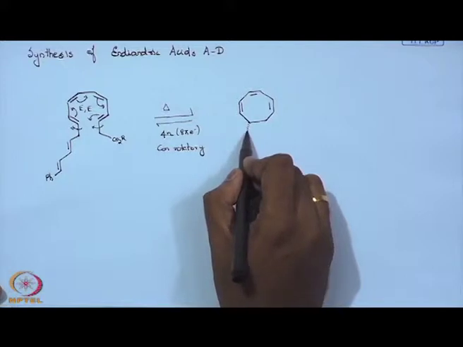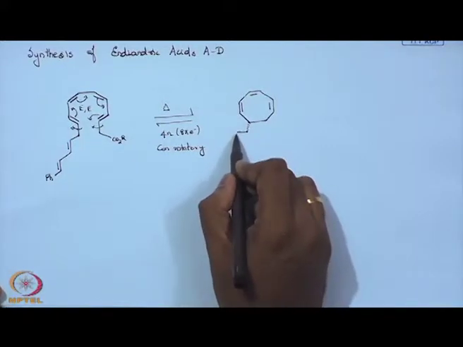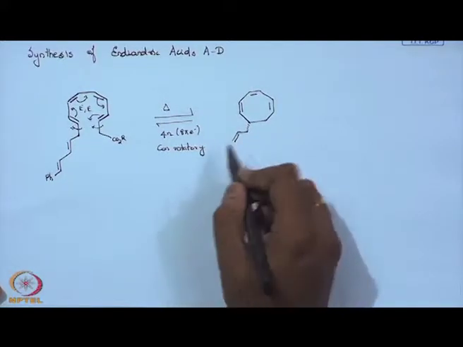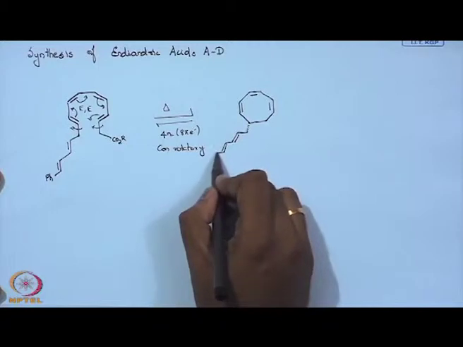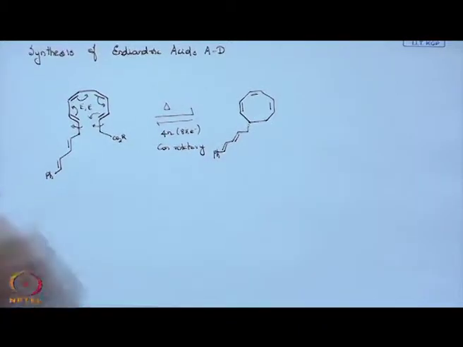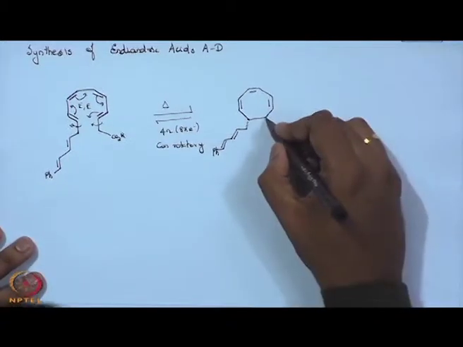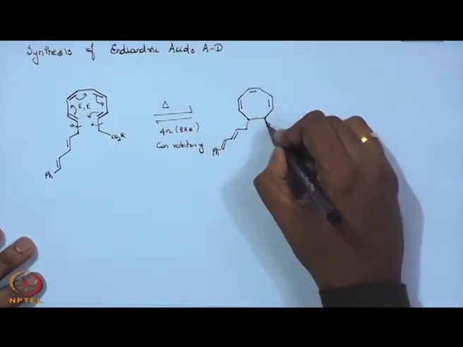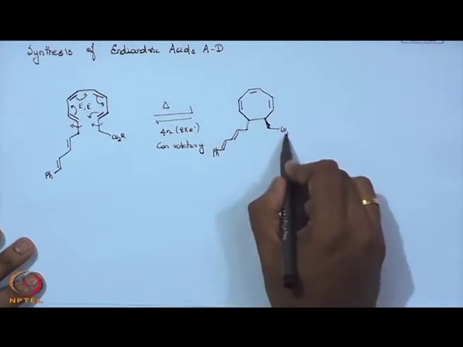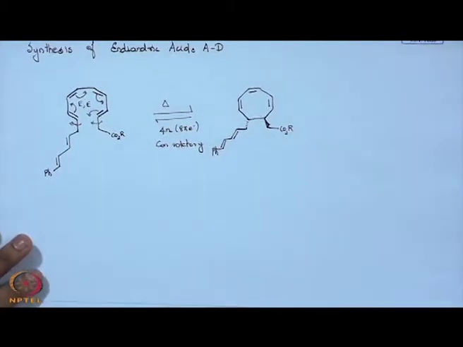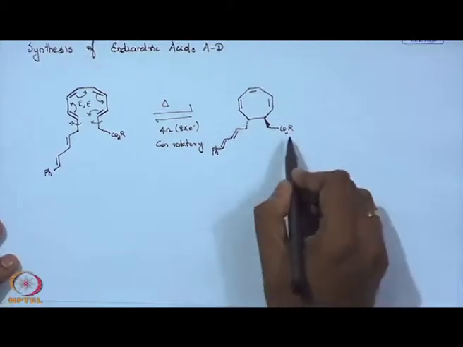Then you get a phenyl and a double bond and a phenyl, okay. So, you get a system like this. This side it should be the other way around. So, you get CO2R.